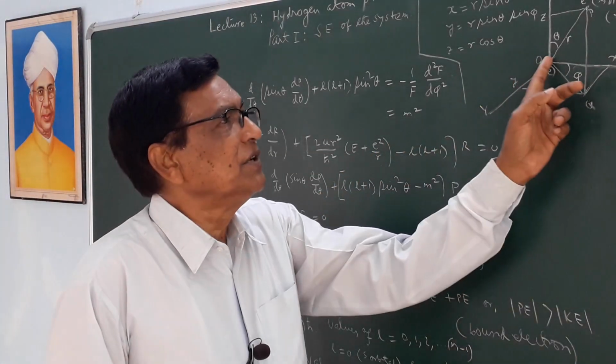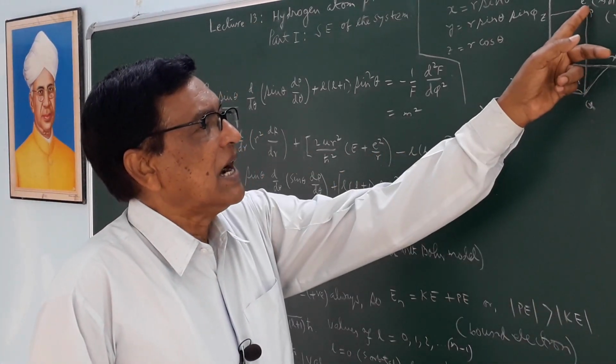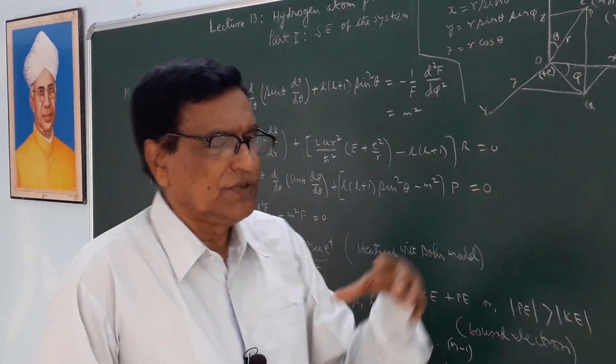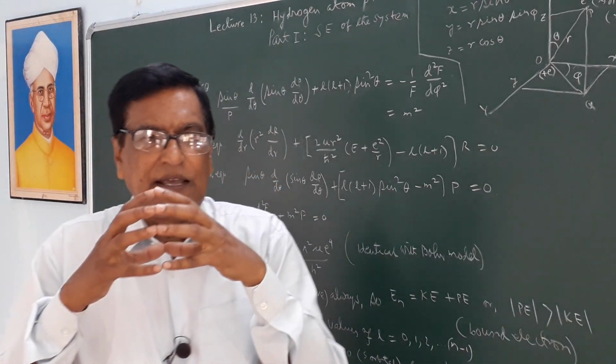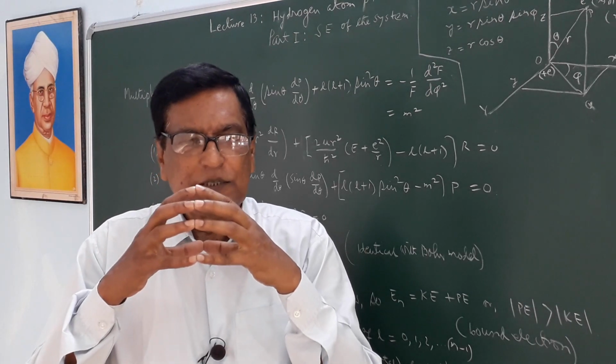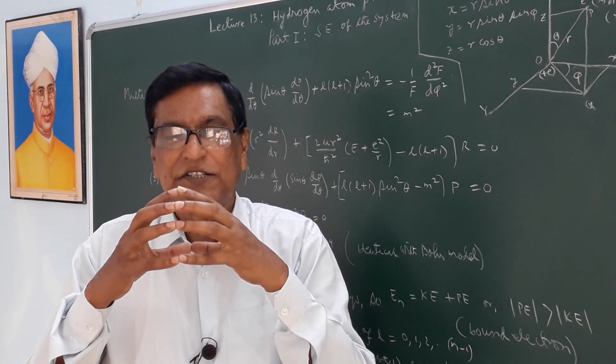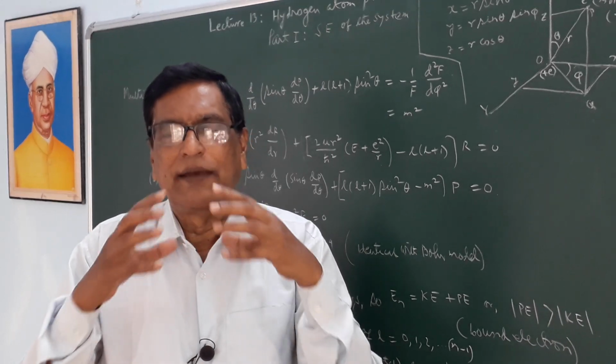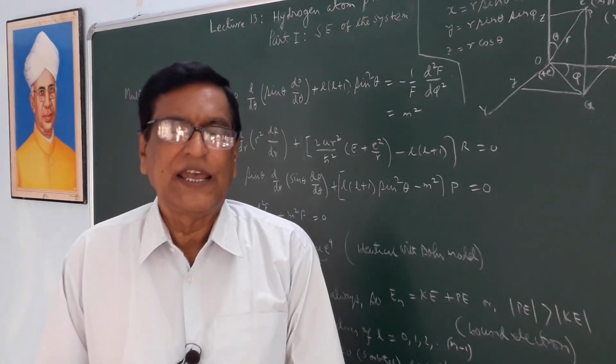It means here is the nucleus at this point, and with the same radius we can consider a sphere, and each point on the surface of the sphere of a fixed radius will have the same potential energy.